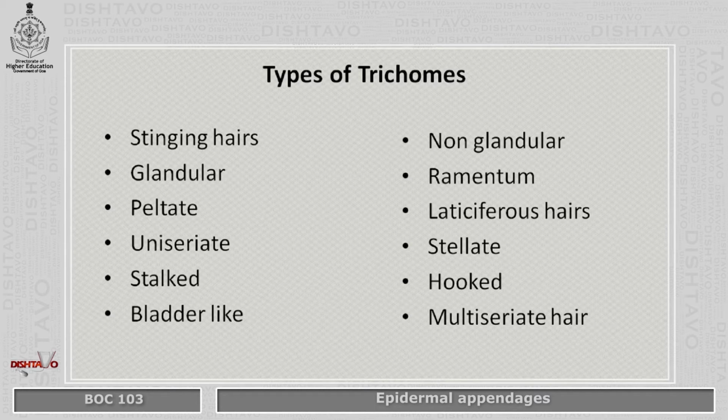These are some types of trichomes: stinging hairs, glandular hairs, peltate type hairs, uniseriate hairs, stalked trichomes, bladder-like trichomes, non-glandular types, ramentum, laticiferous hairs, stellate, hooked, and multiseriate hairs.